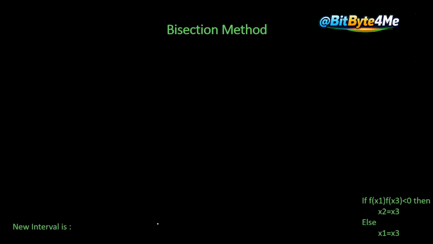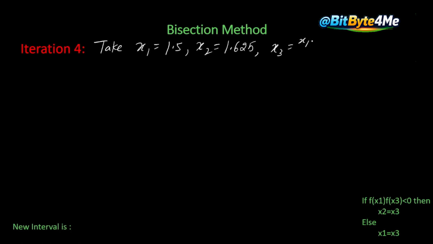So the next iteration is iteration 4. In this we will take x1 is equal to 1.5, x2 is equal to 1.625, and x3 we will calculate by (x1 plus x2) divided by 2. We will perform this calculation and we will get 1.5625 as the value of x3.